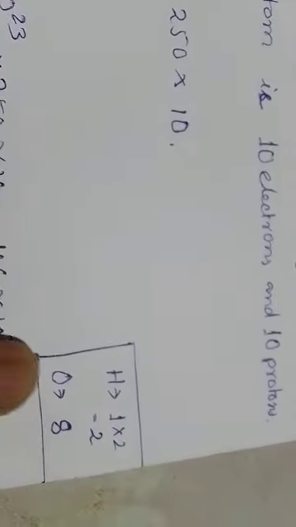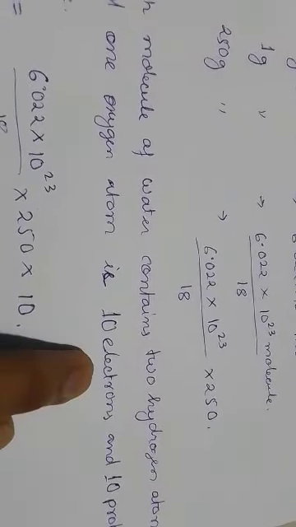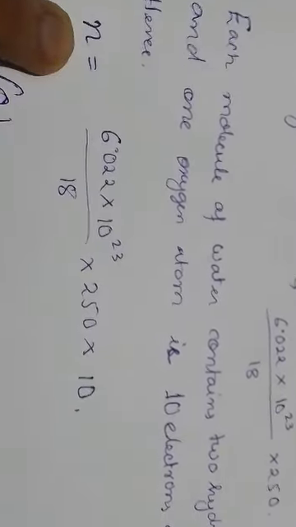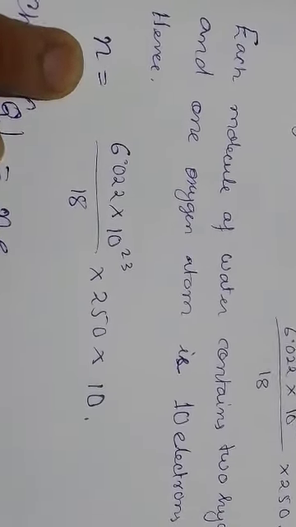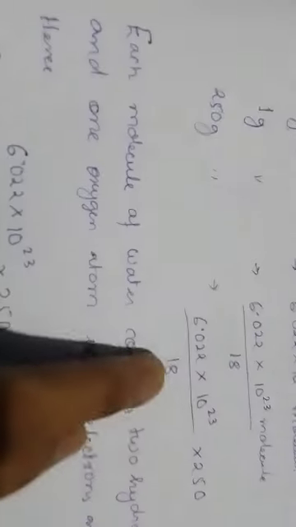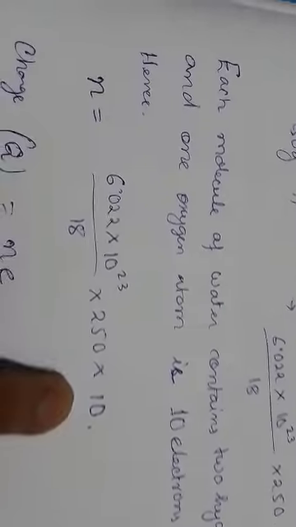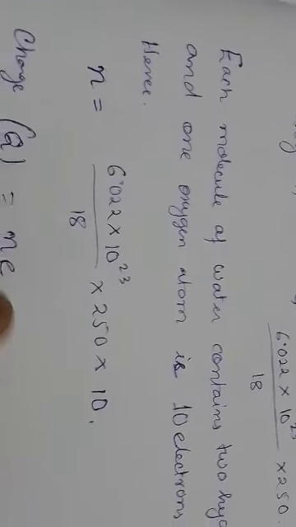Thus hydrogen will contribute 2 and oxygen will contribute 8. So we will get the number of electrons to be 10 electrons, and there will be 10 protons. So we can obtain N, that is the number of particles, that will be this term multiplied with the 10 electrons and the 10 protons, so it will multiply with 10.